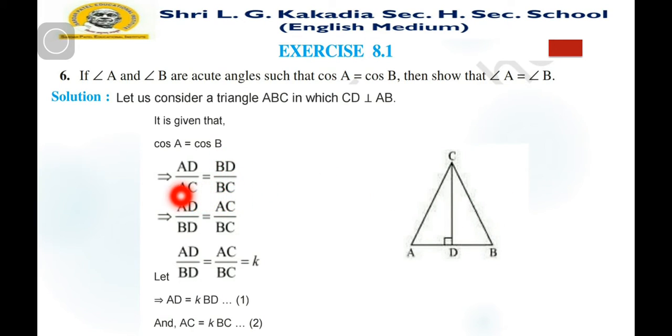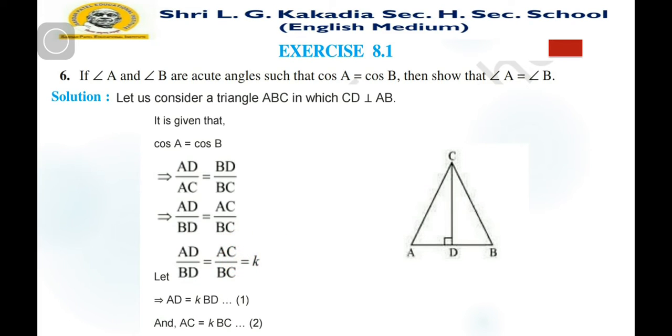Now we move AC and BD across, then we get AD upon BD and AC upon BC. Let AD upon BD and AC upon BC be equal to K, for some value K. So AD is equal to K BD and AC is equal to K BC.